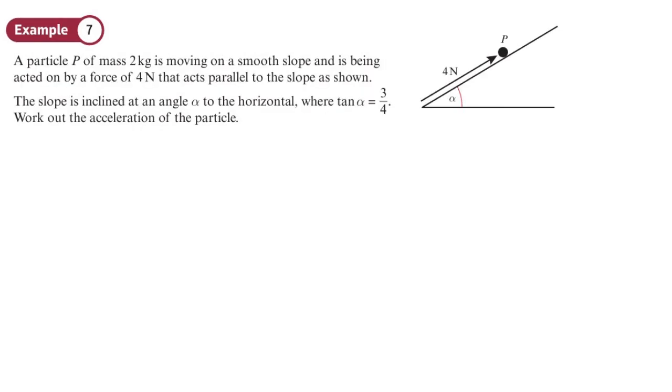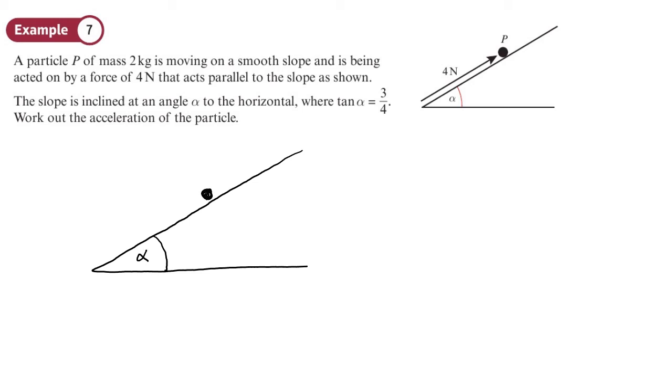That's nice. Okay, so let's put the forces onto this diagram. Actually, let's draw a bigger version of it down here. So you've got this angle here, angle of alpha.